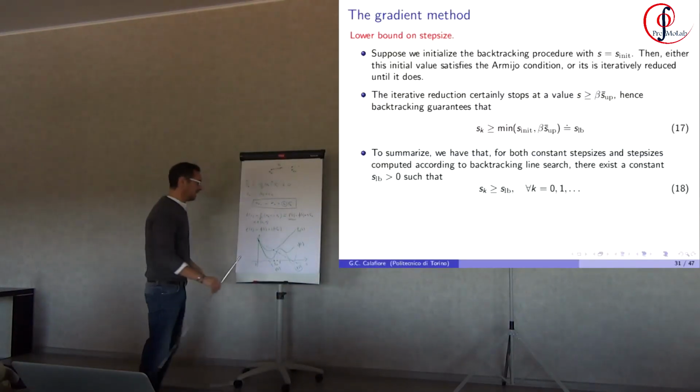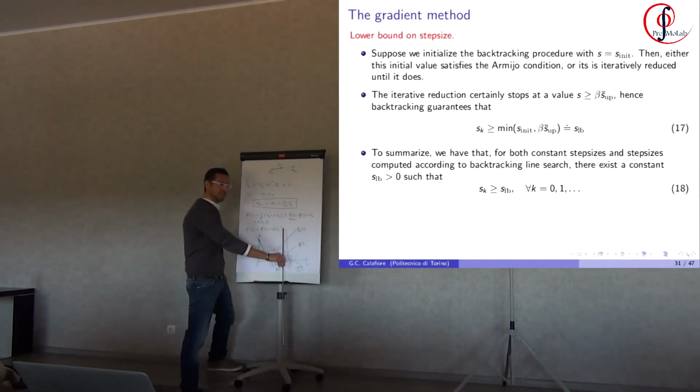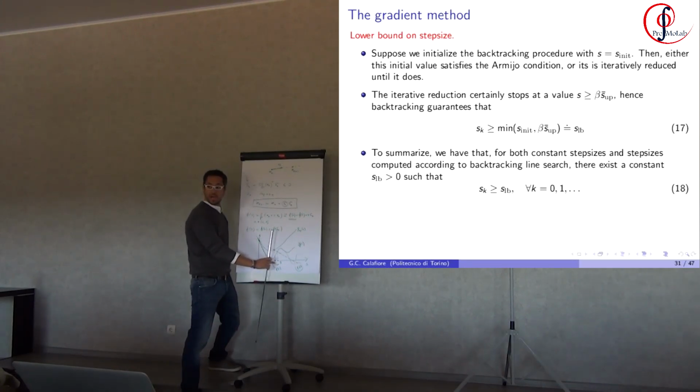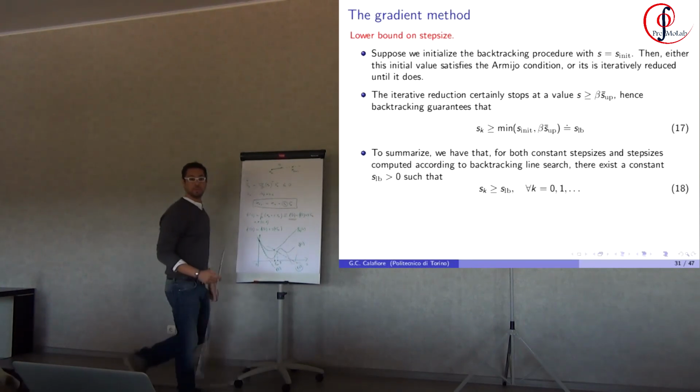This just means that either I stop at the initial step size, let's say equal to 1, or I go on, and for sure, as soon as I go to the left of S up bar, then I will stop because I am satisfying for sure the Armijo condition.